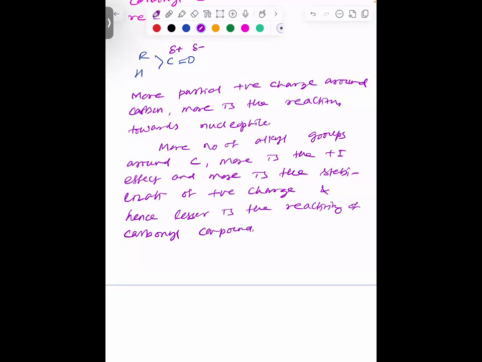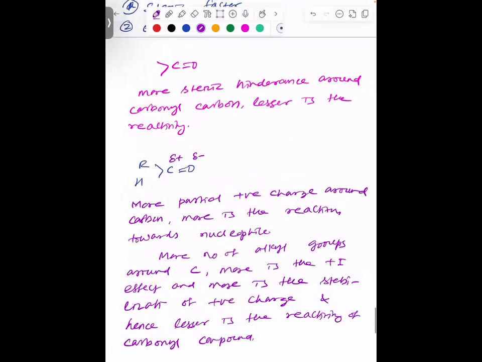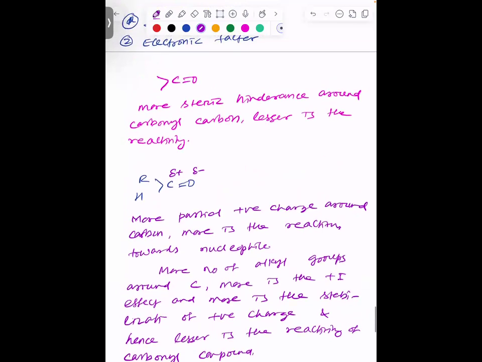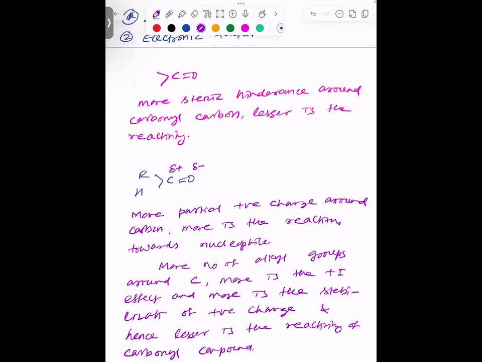Note this down, friends. Quickly note this down. Complete your notes. First is the steric factor, next is the electronic factor.